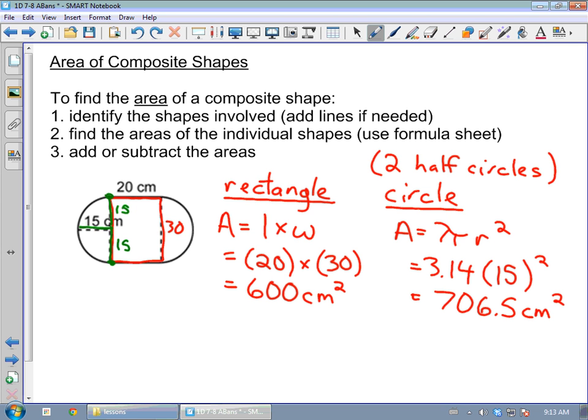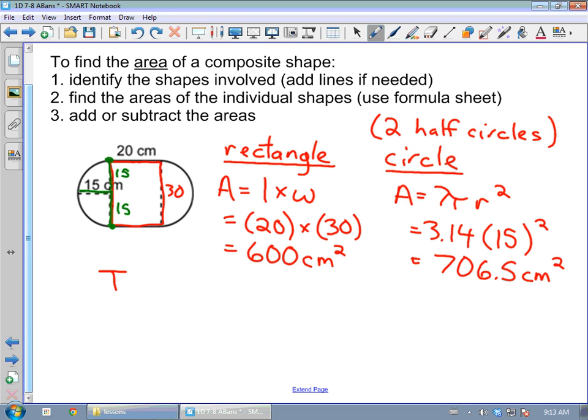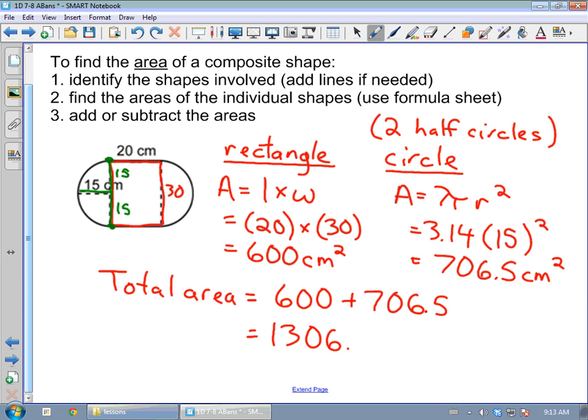We got our composite shape by adding the rectangle and the circle, so we want to find our total area by adding these two together. 600 plus 706.5 gives us a grand total of 1,306.5 centimeters squared. And that's our final answer.